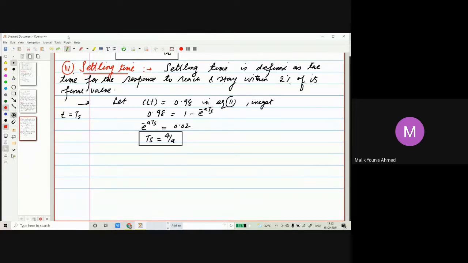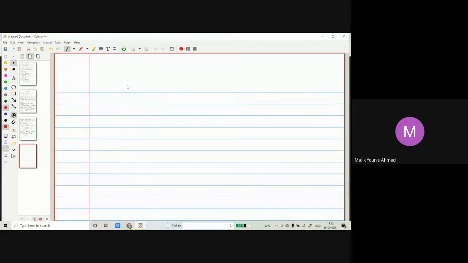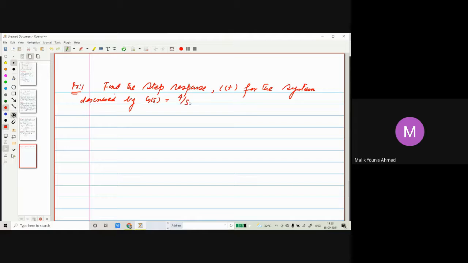Okay, let's do it on the other page. Actually, I have not written that problem; I should have written it. The problem is: find the step response C of t for the system described by G of s is equal to 4 divided by s plus 4.